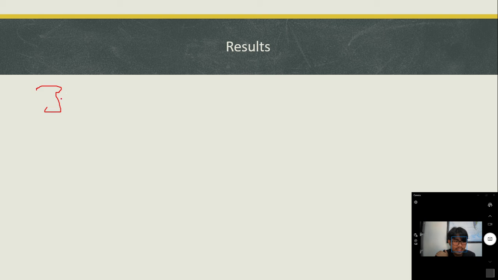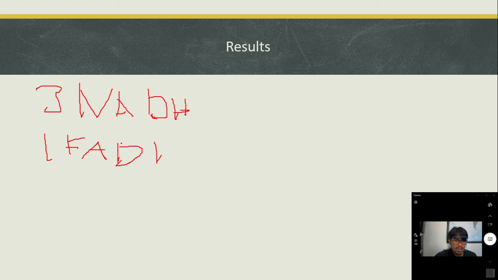We have 3 NADH, 1 FADH2, 1 GTP, and 2 carbon dioxide or CO2.